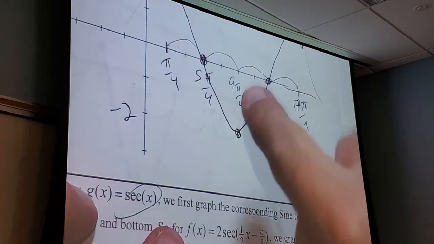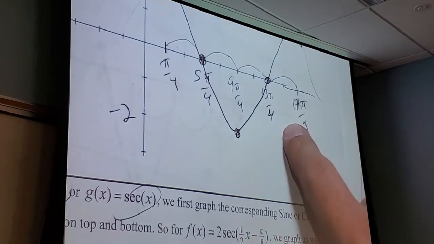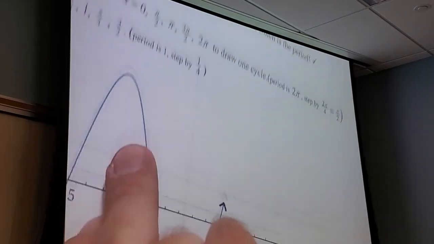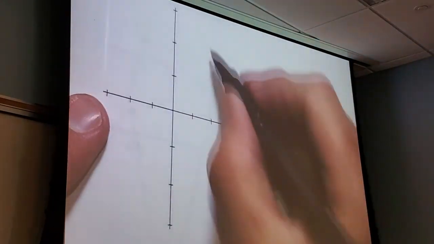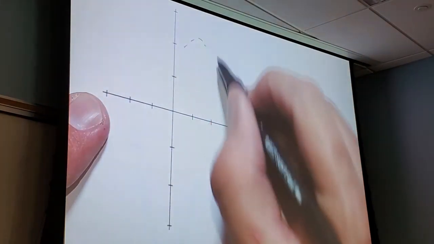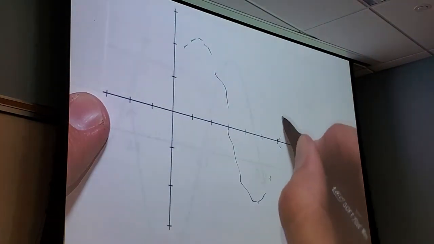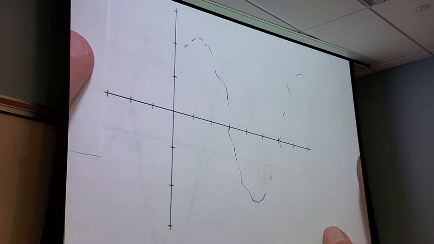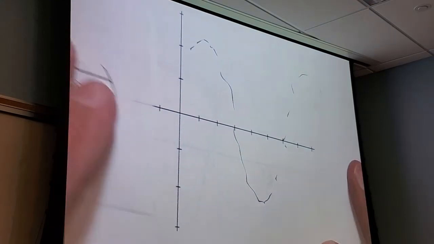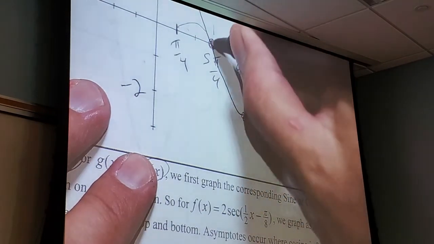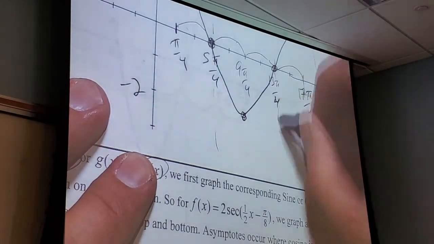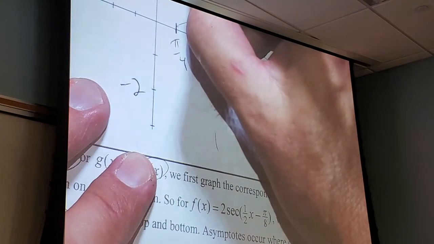I would have graphed the cosine function, but I wouldn't have done it like this. I would have done it like this, dotted. Because then, does somebody remember how secant works? Wherever cosine is 0, there would be a vertical asymptote, right?